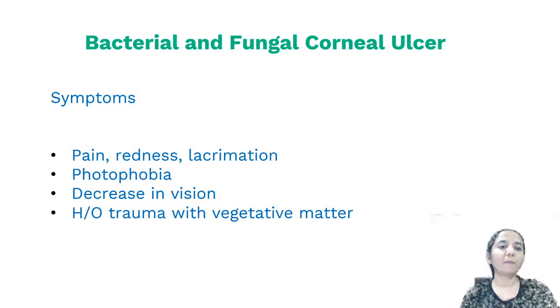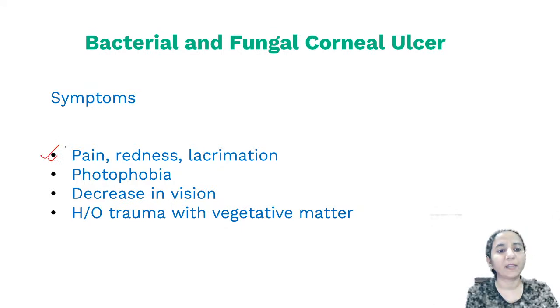So when we talk about bacterial and fungal corneal ulcer, the first thing that we have to know is what are the symptoms? What does a patient with this condition present to us with? If we just close our eyes for a minute and think that if a patient has a bacterial infection of the cornea, what is he going to come to me with? The first thing that we think of is he obviously is going to come to me with pain.